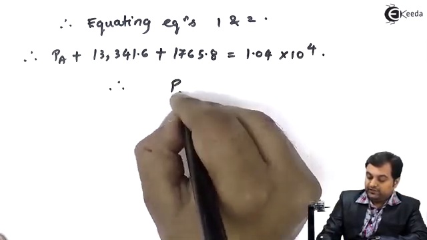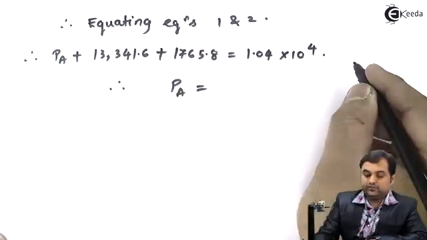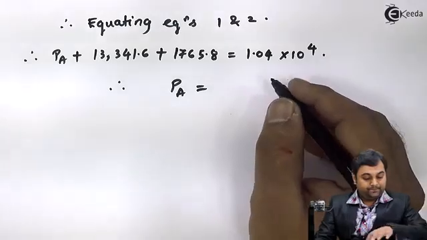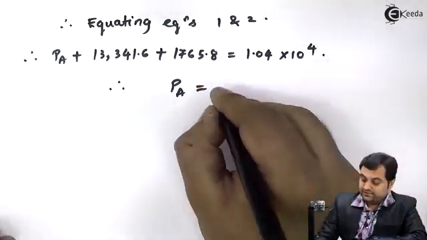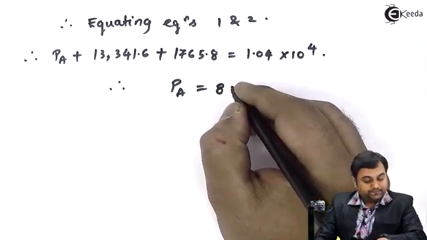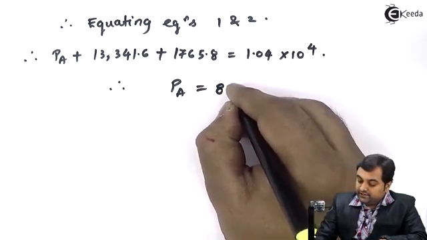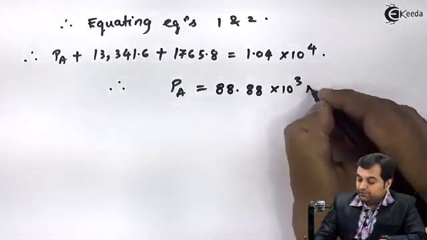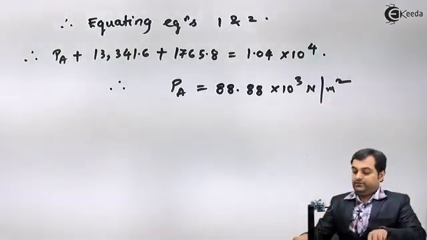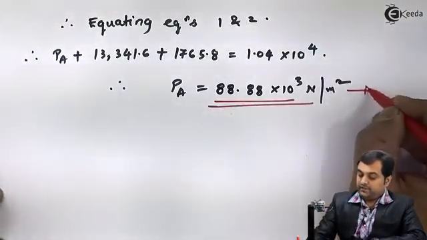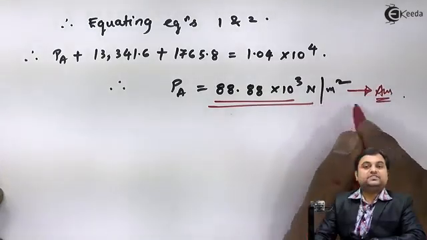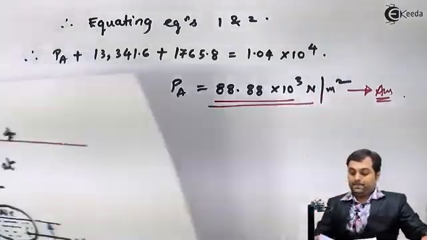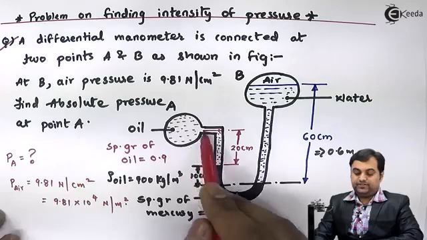Now from this if I shift these terms onto the other side, they become negative, and my final answer comes out to be 88.88 into 10 raised to 3 Newton per meter square. This is my answer. This much pressure is there in pipeline A, that is the pressure of oil.